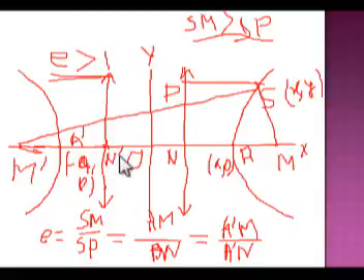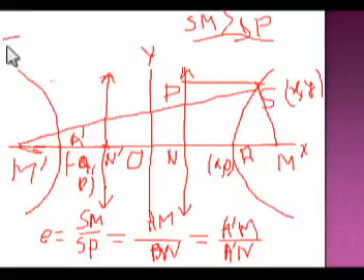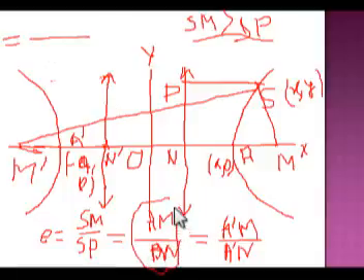So then it will be changed. I'm writing here. This will be changed. From this we will get AM will be OM minus OA.